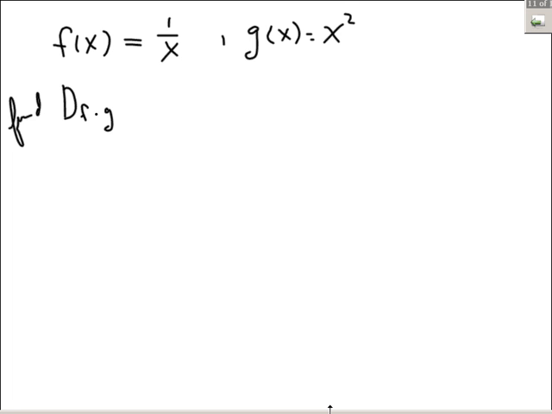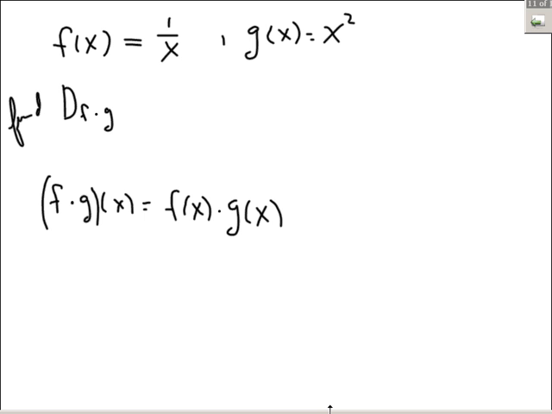Well, f times g of x, by definition, is f of x times g of x. You should stop there. But if you continued, you'll get f of x, 1 over x, times g of x, x squared, which is x.